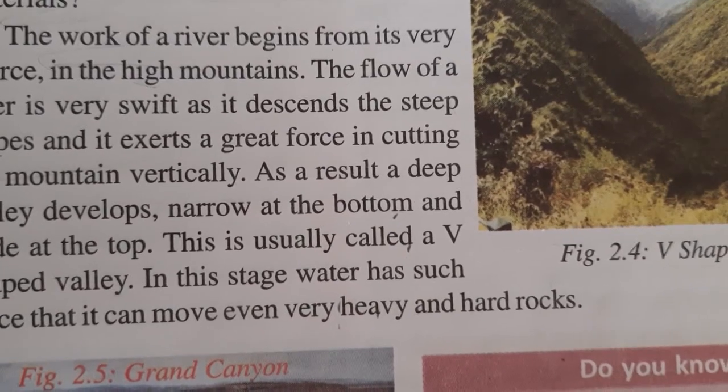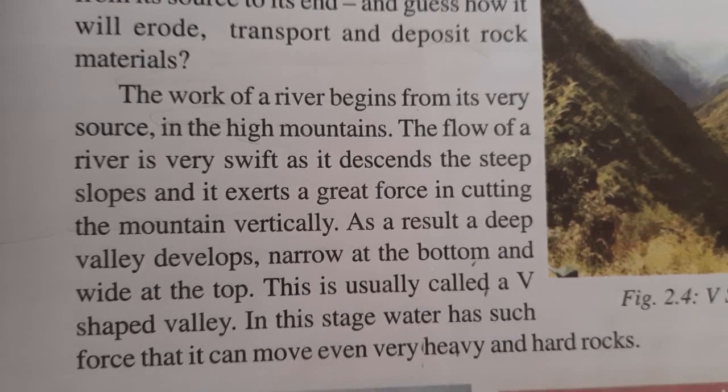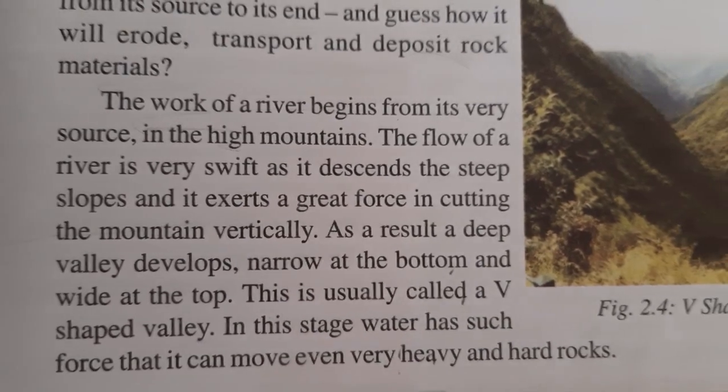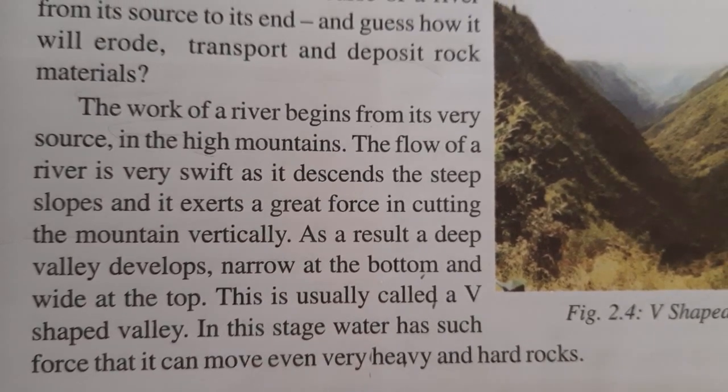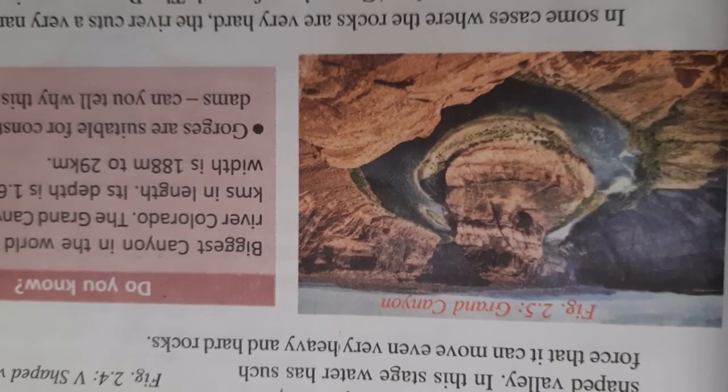In this stage, water has such force that it can move even very heavy and hard rocks. Because of the work of water, some shapes we can observe on the surface of the earth.